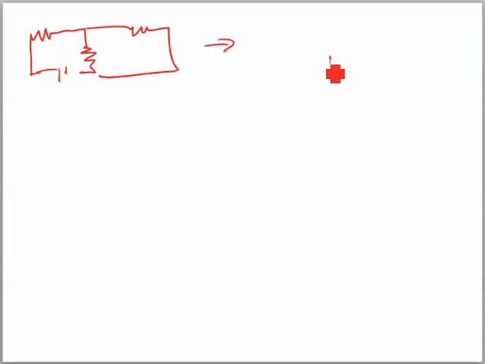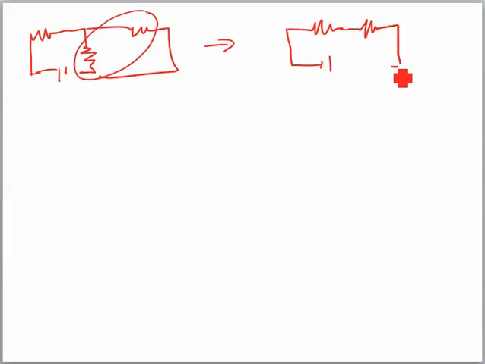Here's my battery and a circuit, and then it had a resistor, and then over here was another resistor. So that was a combination. We went from there and said, okay, here's my battery. There's a series. We took these two and rewrote this problem as if it had one resistor in place of those two.